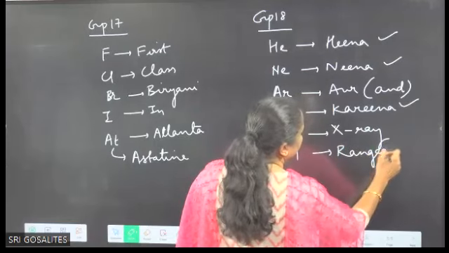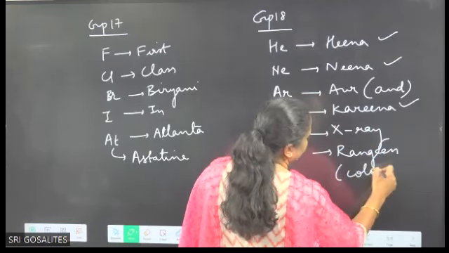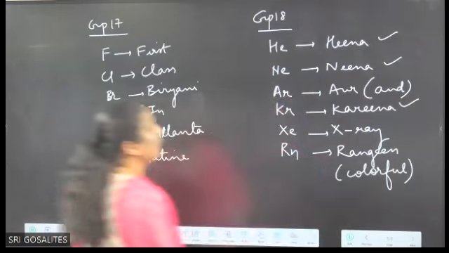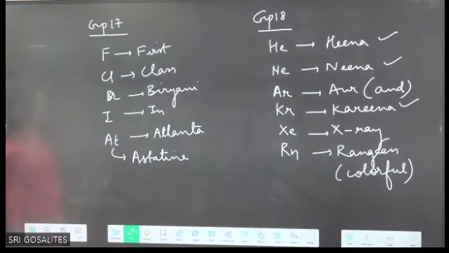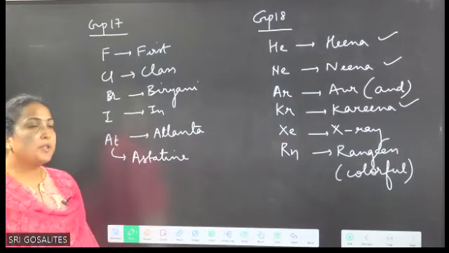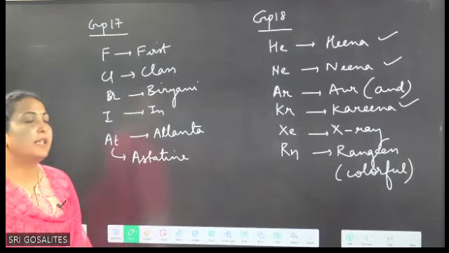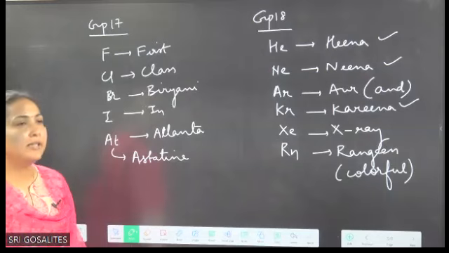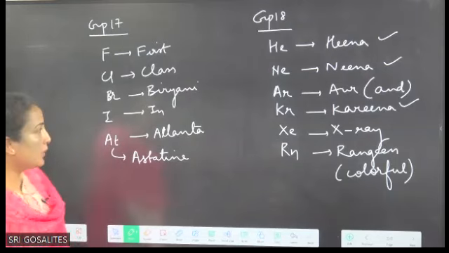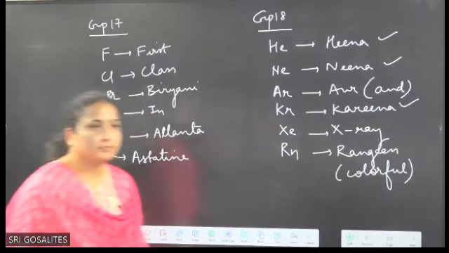Rangeen means colorful. Hina, Nina, or Karina, they are three friends. Group 17 is fluorine, chlorine, bromine, iodine, and astatine. Group 18, you are having helium, neon, argon, krypton, xenon, and radon, right?